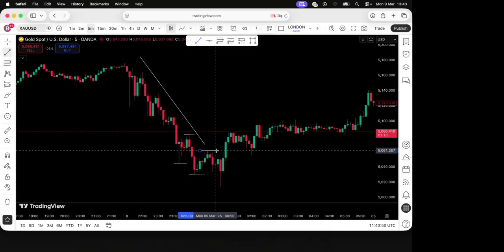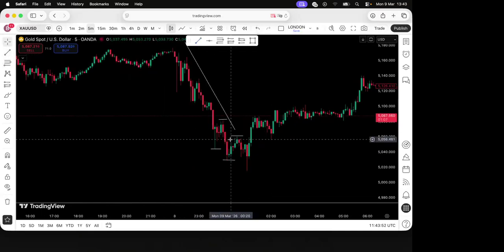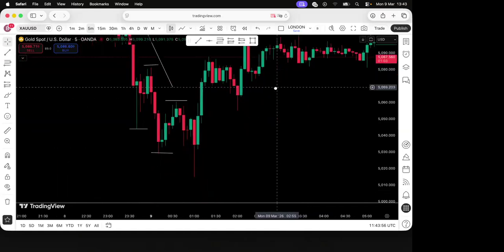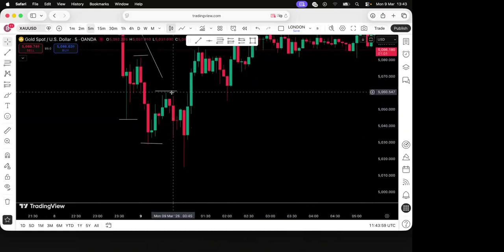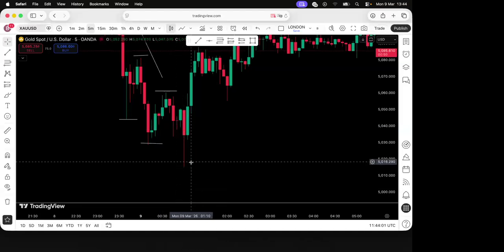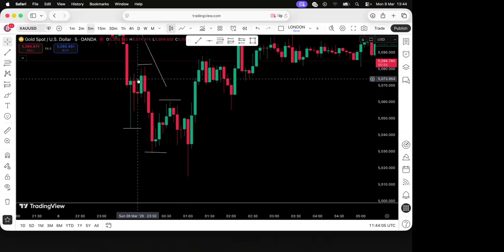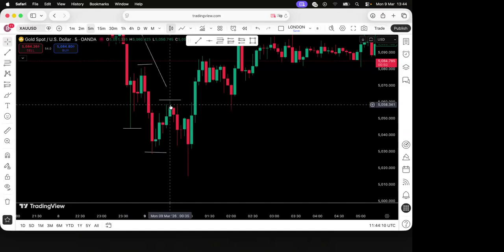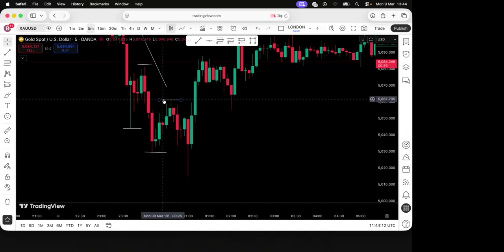Okay. And then what price does, zoom in a little bit, price creates this lower low here.